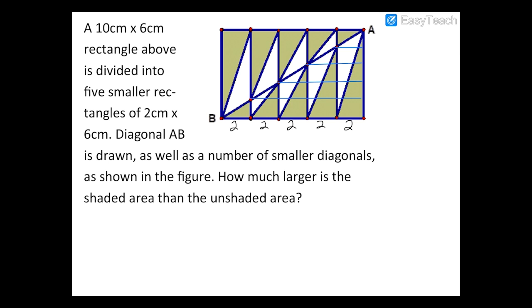Since all these rectangles are equal, the distance from here to here is equal to the distance from here to here. All these are equidistant because all these rectangles are equal, so they will divide that height into 5 equal parts.